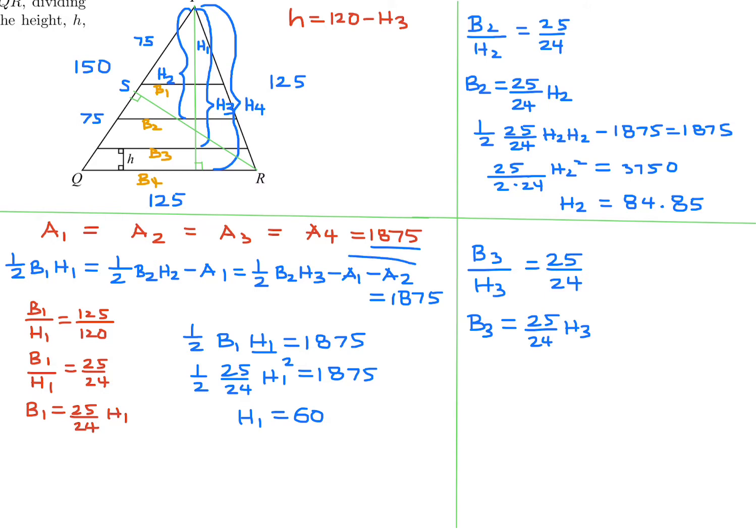And now we're going to use this formula right here. 1/2, sorry, this should be B3 here. 1/2 B3 times H3 minus A1 minus A2 is equal to 1875. 1/2 B3, 25 over 24 H3 times H3 minus 1875 minus 1875.